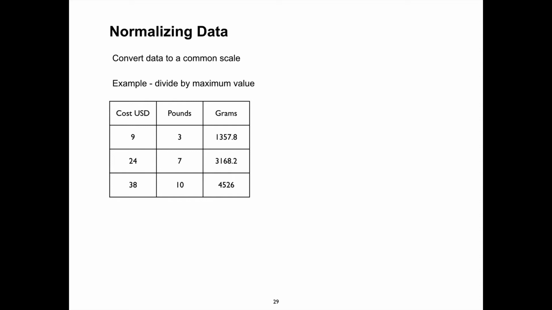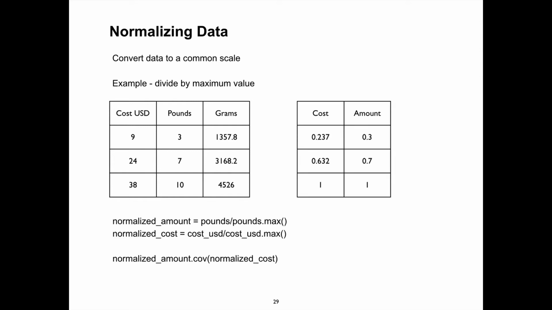Divide this by 10, this becomes 1. And then I get this table, right? And if I compute the amount in grams or the amount in pounds, I get the same result.